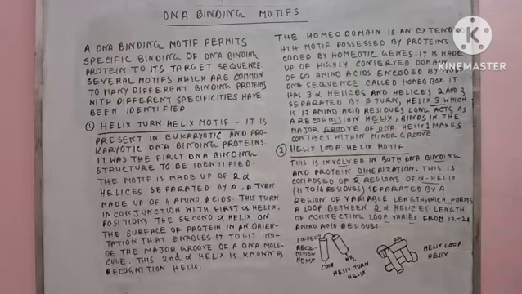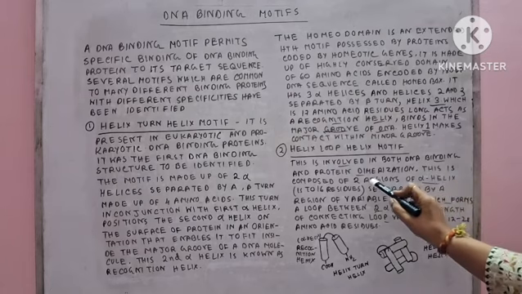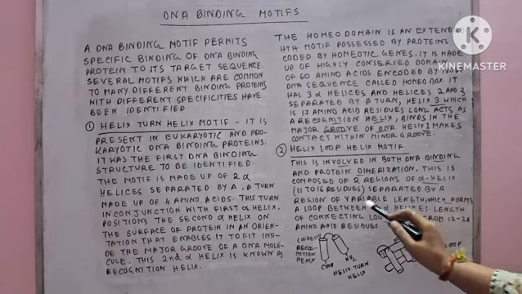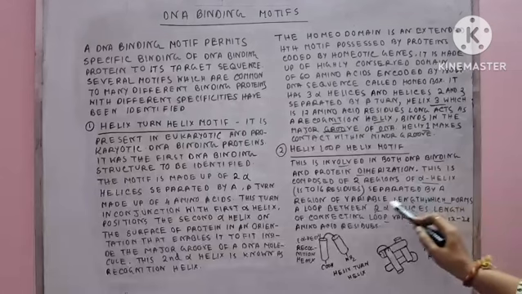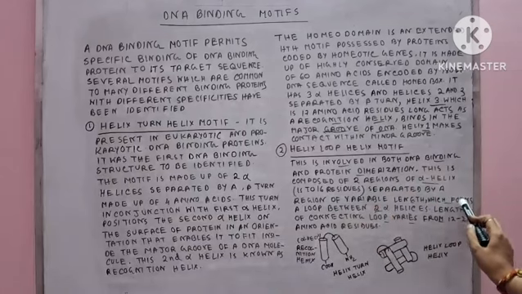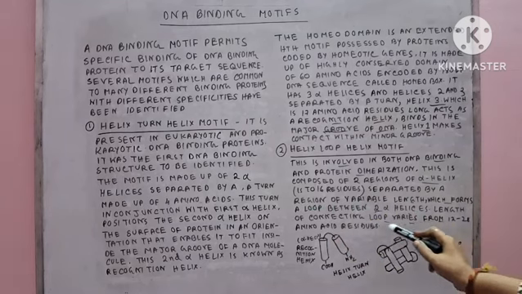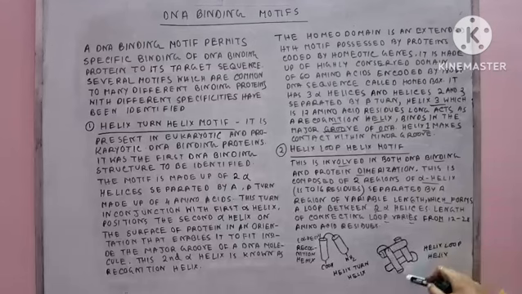But here the alpha helices are separated by a region of variable length, and this forms a loop between 2 alpha helices. You can see here, this is the rough diagram of helix loop helix.